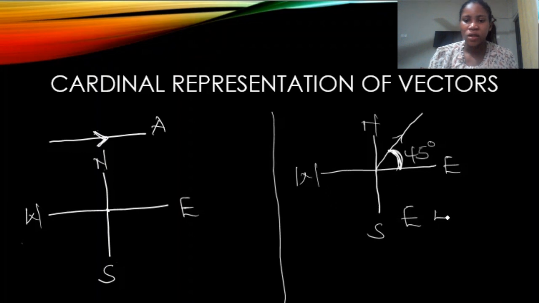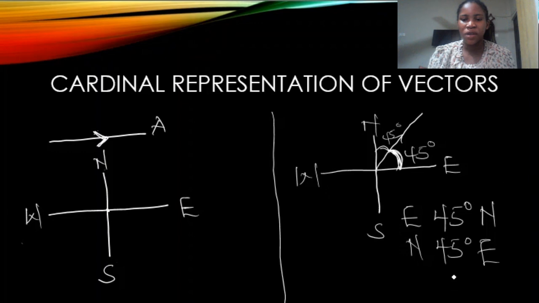So the specific term used for this representation would be east, 45 degrees north. But assuming the 45 degrees angle was here, then it would have been north, 45 degrees east.